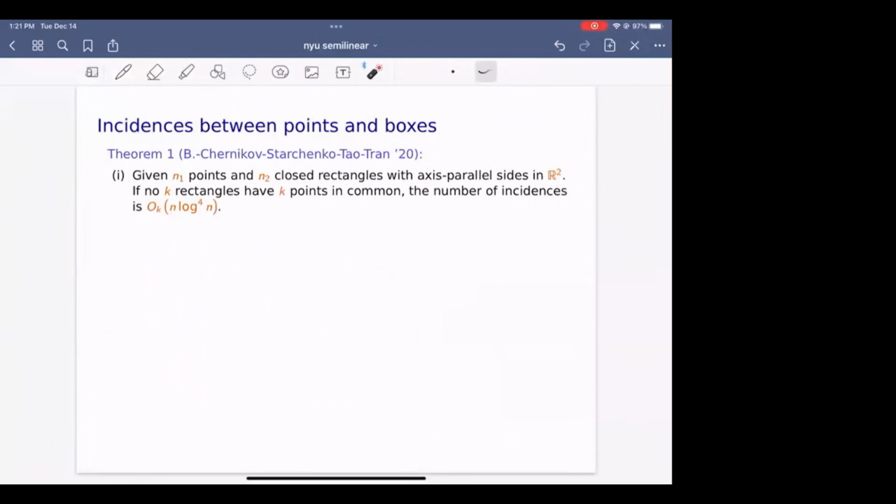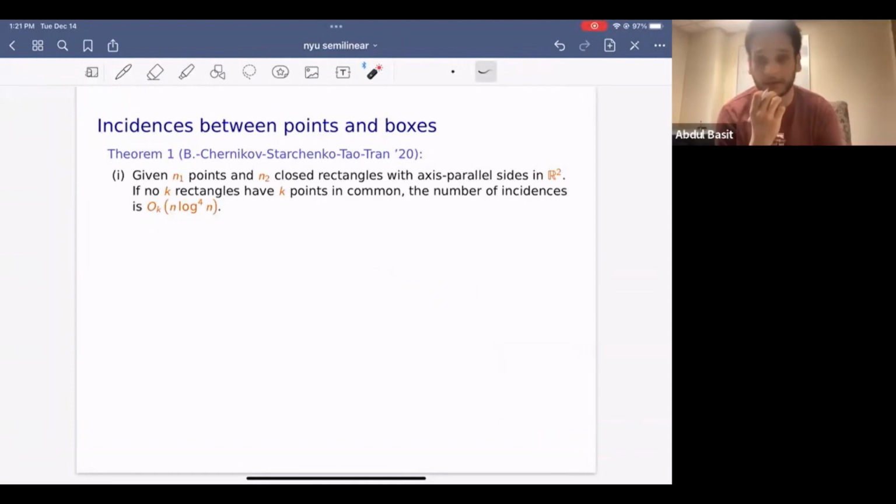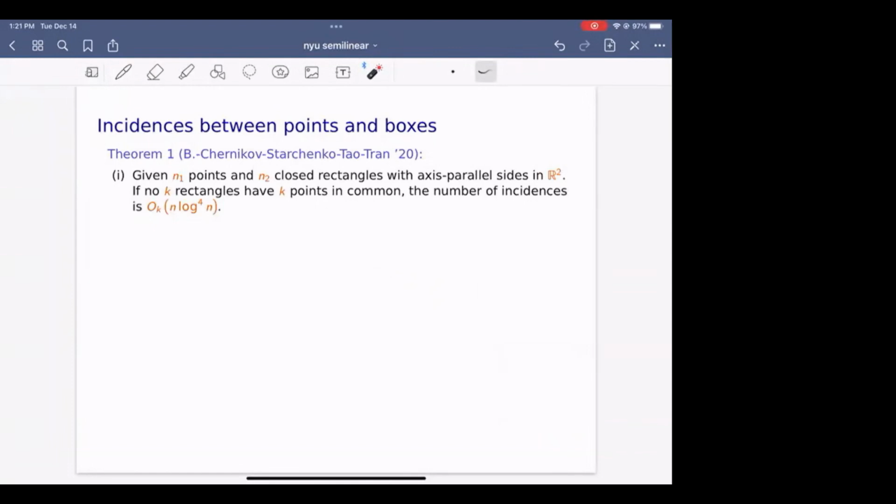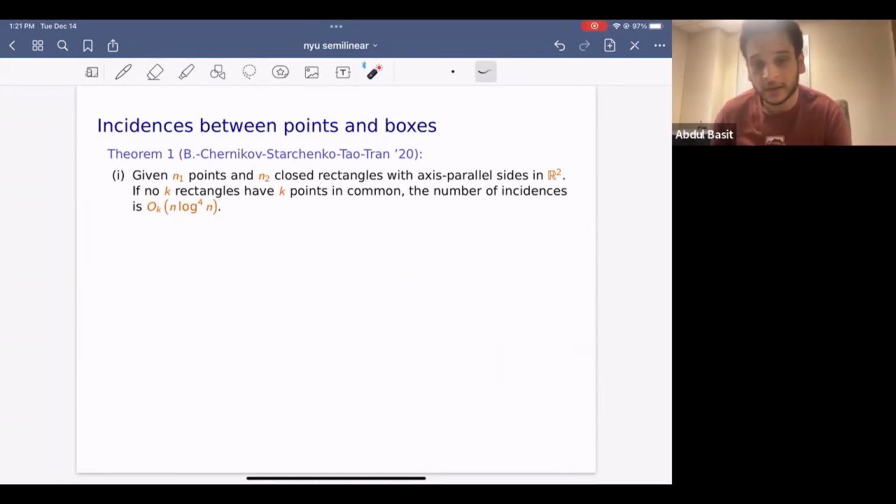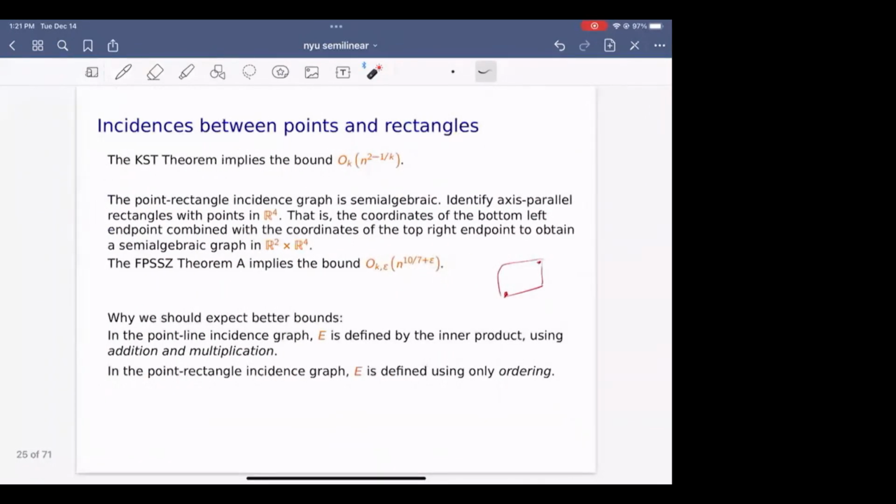I guess that's just a follow-up question. How much of this is really dependent on these things being rectangles, or is it arbitrary? So it really should be the dimension of the semi-algebraic relation. You have some kind of incidence relation, right?